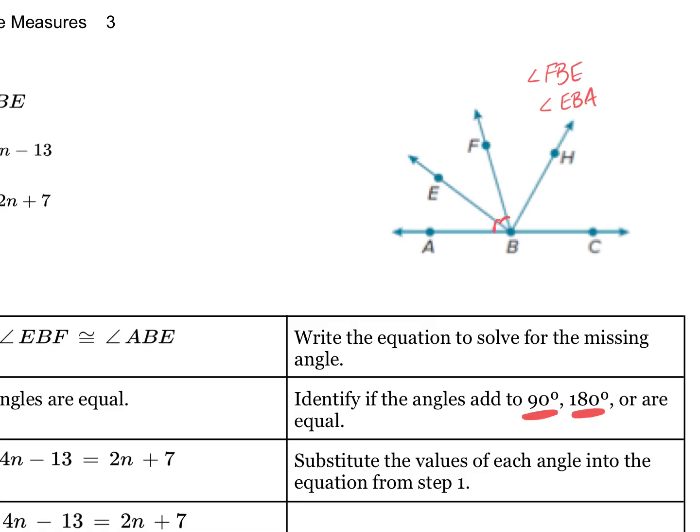Okay, so in a diagram, what that means is that is a shortcut for saying FBE is congruent to angle EBA without having to say that the two angles are congruent. So anytime you see two angles with matching arcs, those angles are going to be congruent.